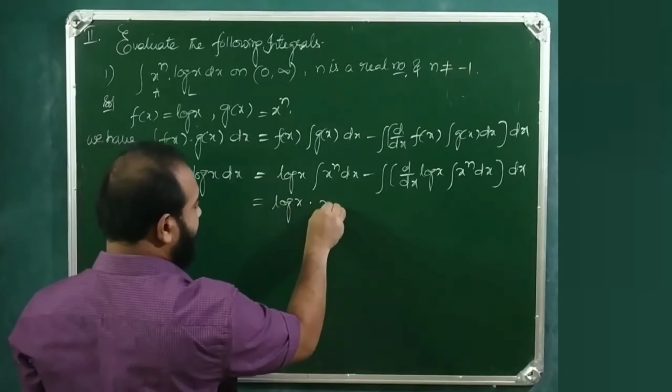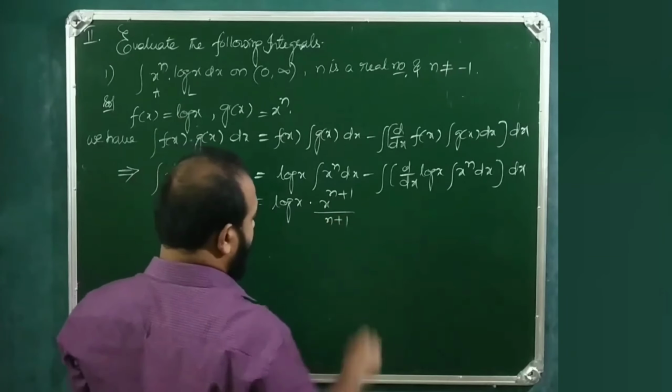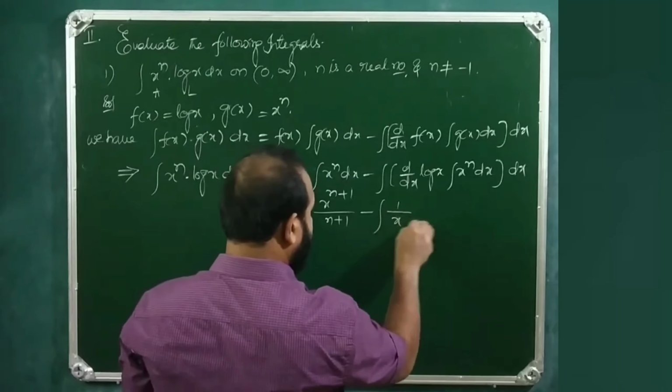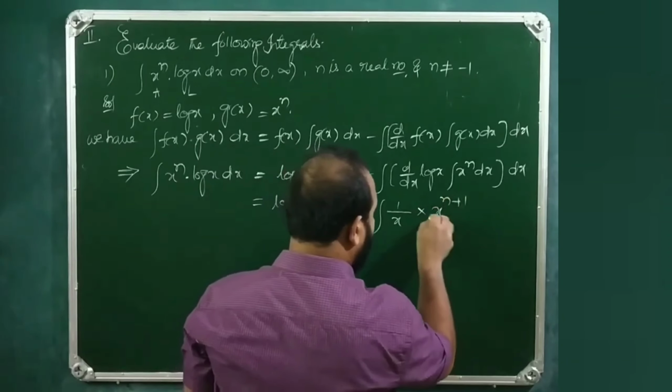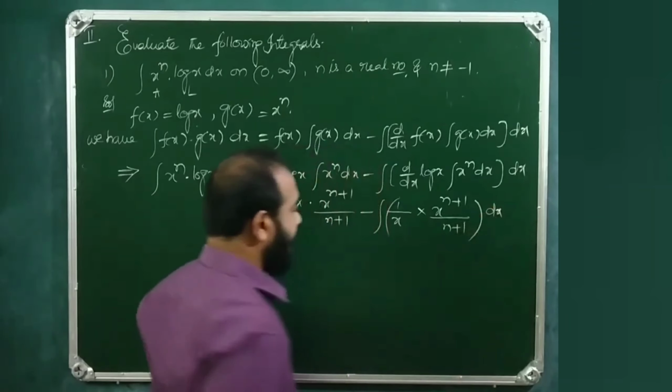So this equals log x into the integral of x^n dx, which is x^(n+1) by n plus 1, minus d by dx of log x, which is 1 by x, into the integral of x^n dx, which is x^(n+1) by n plus 1, dx.